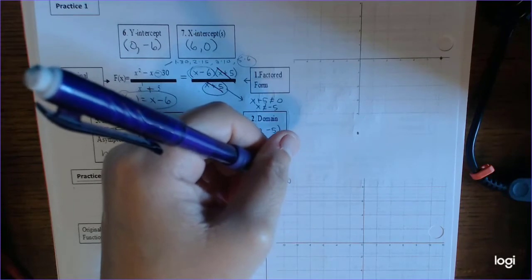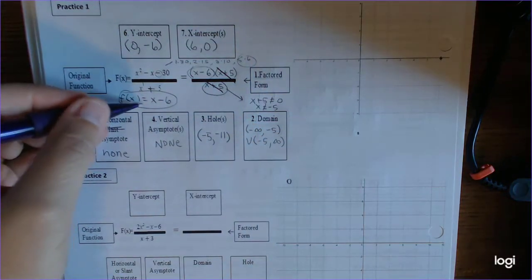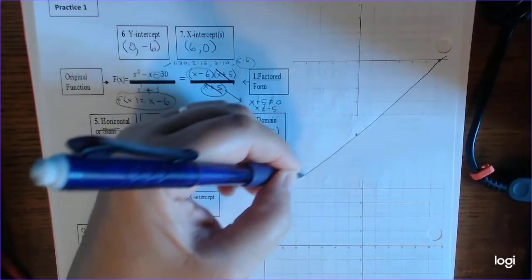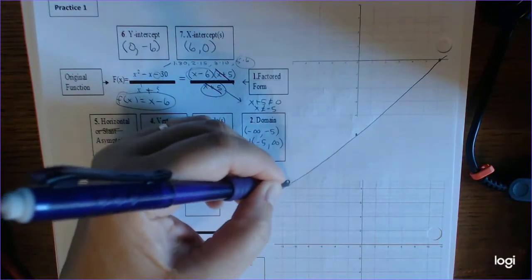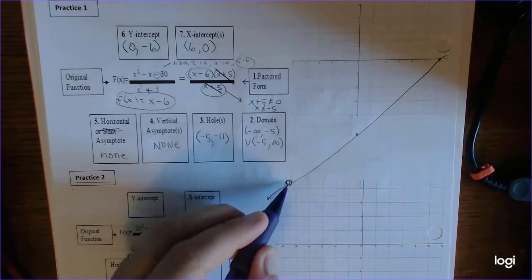I'm just going to sketch it. All right, and then that's it. That's all we have, but we know what y equals x minus 6 looks like. That's a line. Alright, so we're just going to connect those dots. So sometimes our rational functions can look like lines if the factors cancel. This is a line with a hole in it.